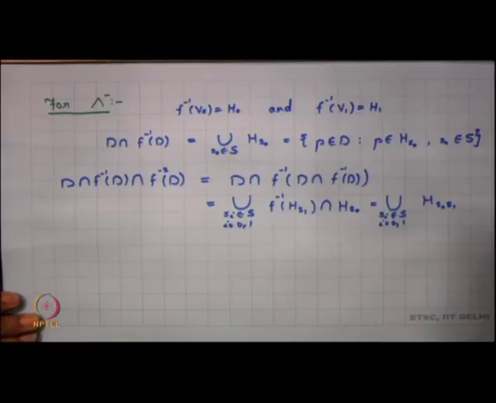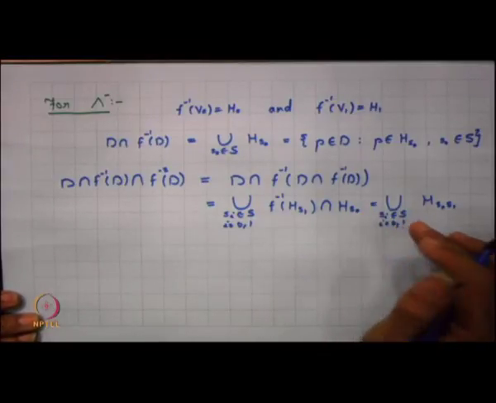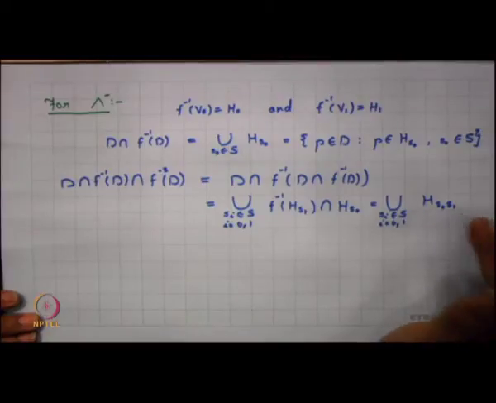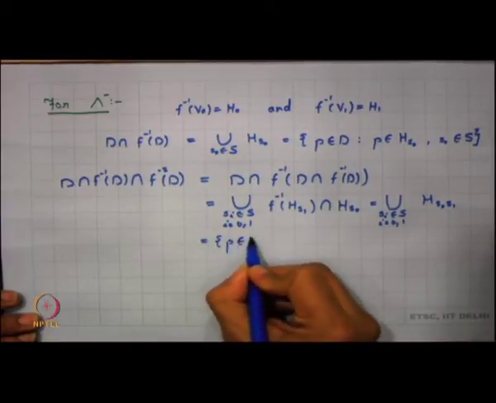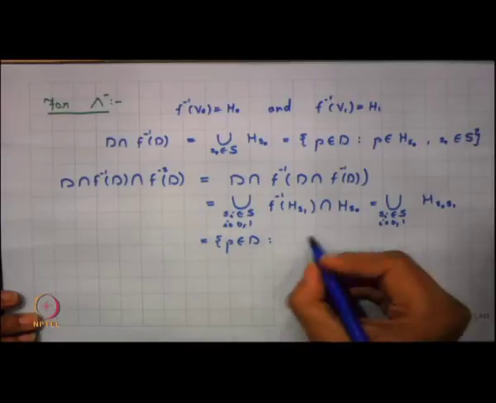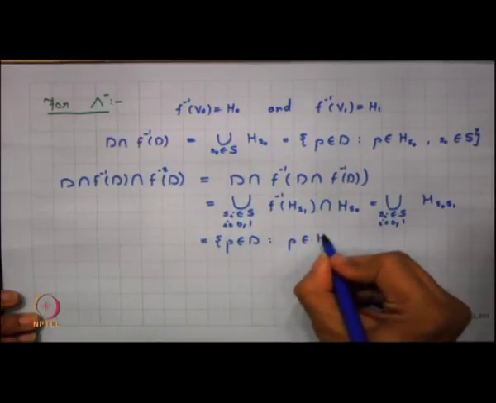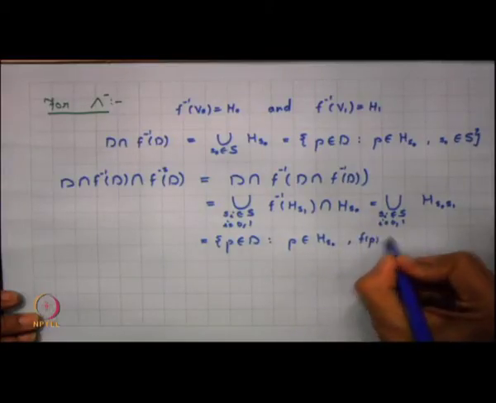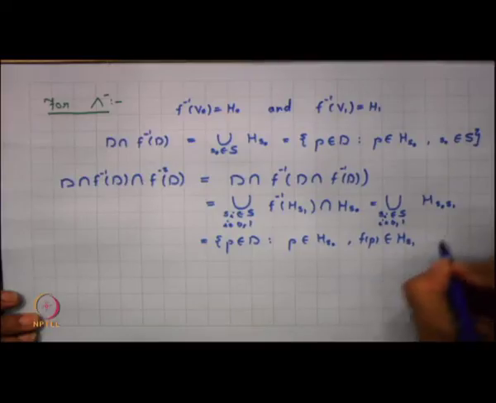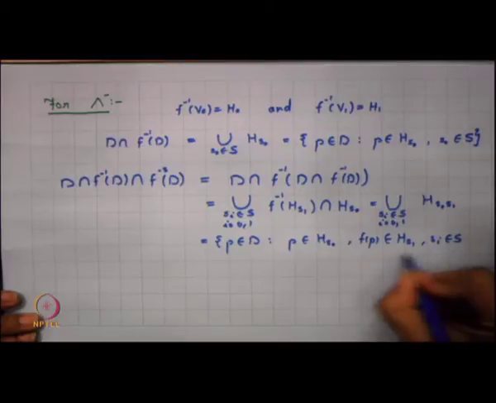So, I have horizontal rectangles here which are labeled as S naught S1, where S naught is from S and S1 is also from S. And I can write it in terms of P as the set of all P in D such that P belongs to H of S naught and f of P belongs to H of S1, where again Si belongs to S and i is 0, 1.